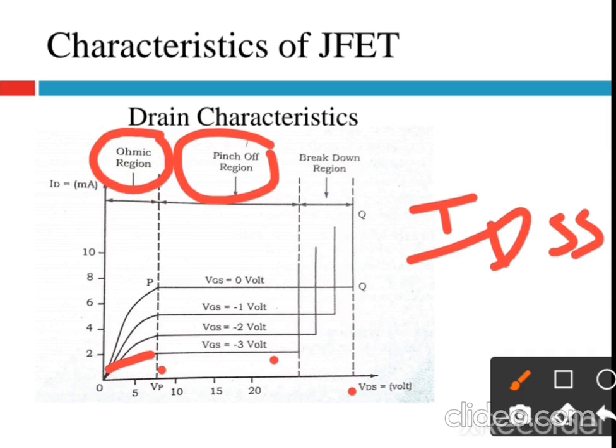So in the pinch off region, when the value of VDS is equal to the pinch off voltage VP, the drain current becomes maximum, and with further increase in VDS after VP, the drain current remains constant.